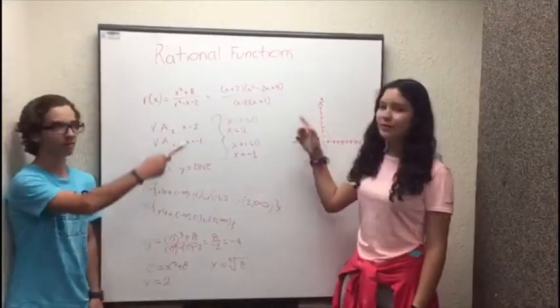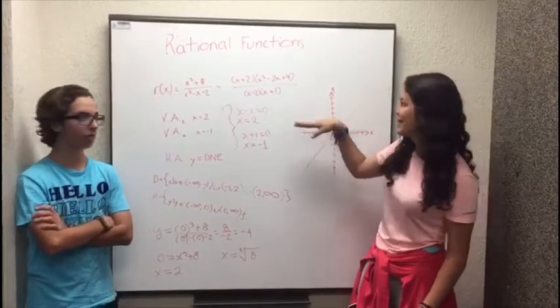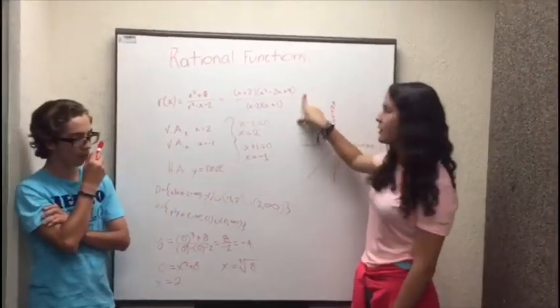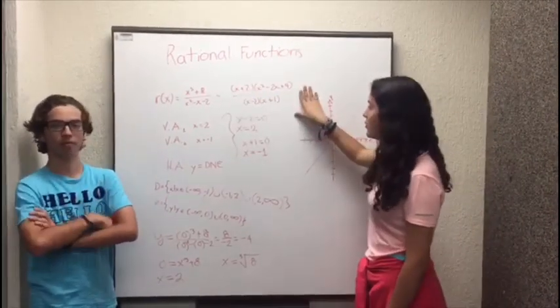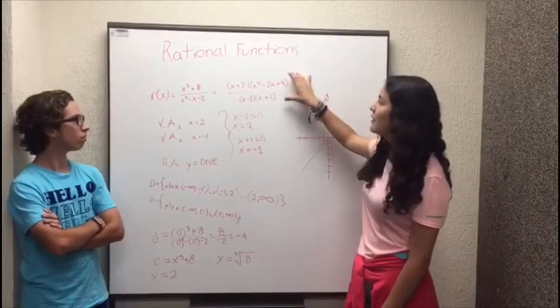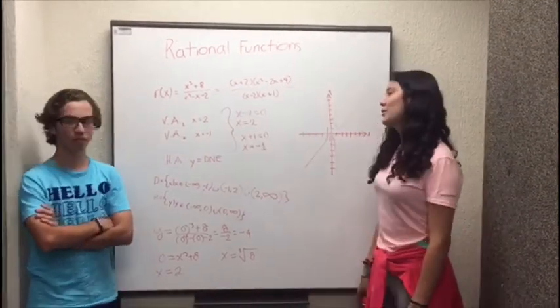Okay, this is a rational function, and first we are going to check if this has gaps. The first step is factorizing the two polynomials, and if you don't find the same numbers in the parentheses, you know you cannot cancel them, so there are no gaps.